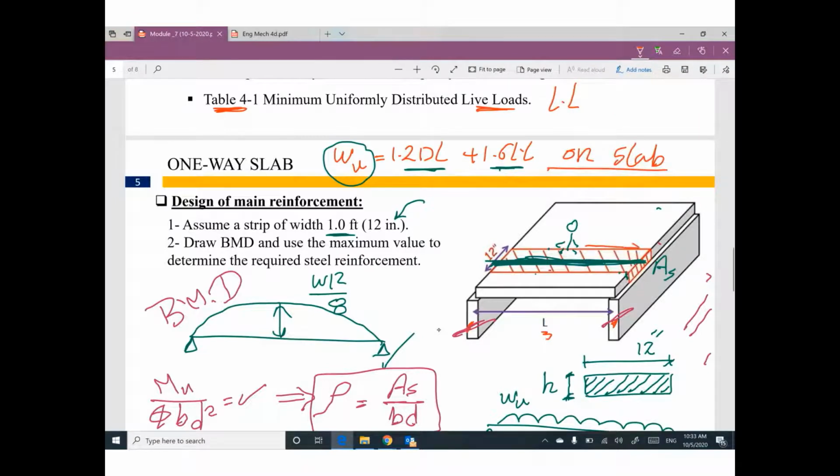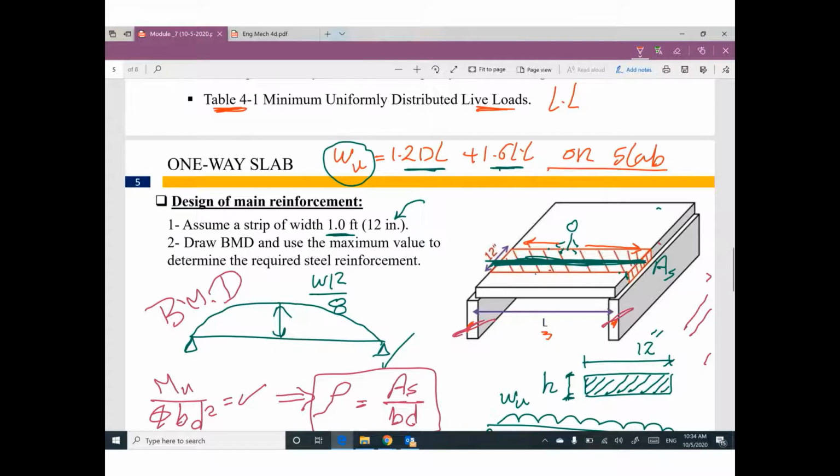The direction of load is the same as the direction of the main steel reinforcement. Keep it in your mind. If you can figure out the direction of the load, that way will be your main steel reinforcement direction.